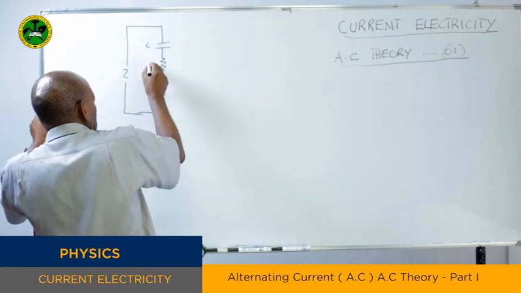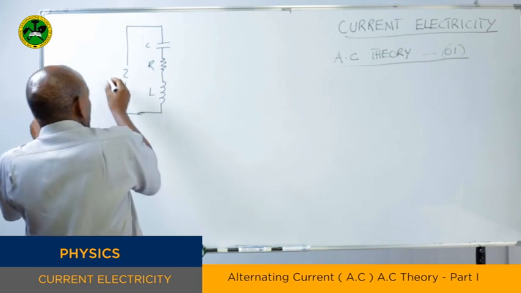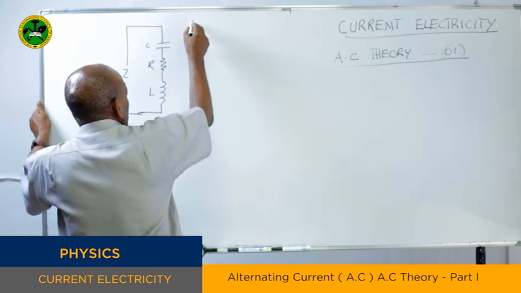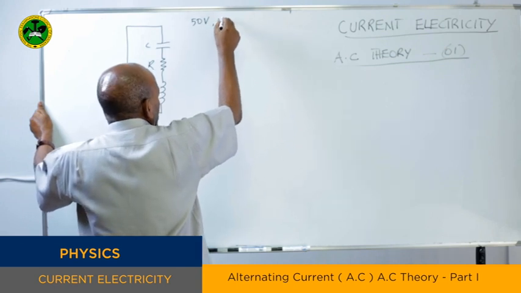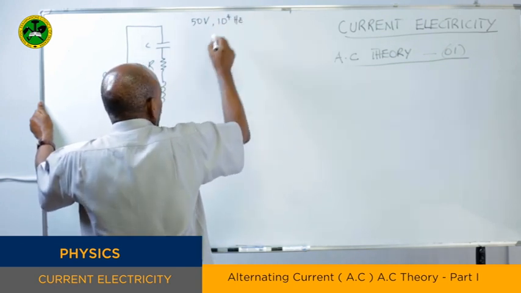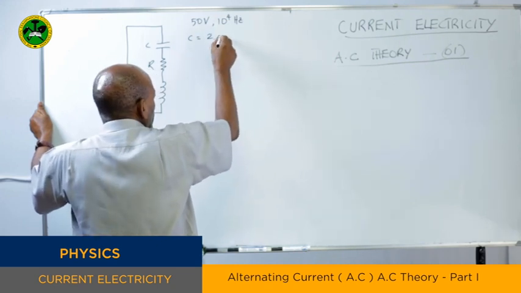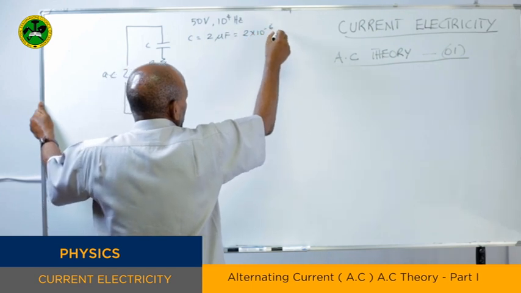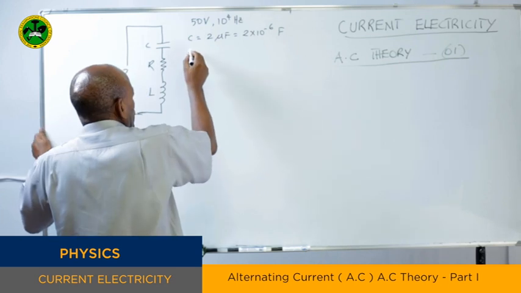This AC source is of 50 volts and 10 power 4 hertz. The capacitor is given to be 2 microfarad, which is equal to 2 times 10 power minus 6 farad, and the resistor is of 50 ohm.